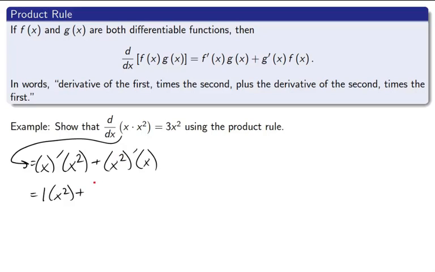The derivative of x squared is 2x. And we've got this x outside. So we get x squared plus 2x squared. And sure enough, that's 3x squared. This formula appears to hold with what we know the answer has to be. It has to be the derivative of x cubed, which is 3x squared.